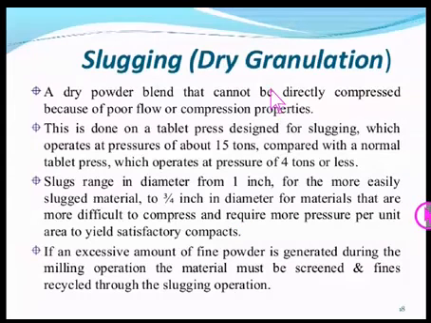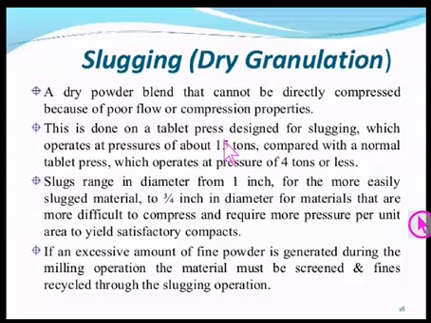Slugging or dry granulation. While developing the formula in the laboratory, it is possible that we try the wet granulation method, but when we are thinking of the formula to be developed at intermediate scale, so that the same can take place at the large scale, we have a number of other options as well.